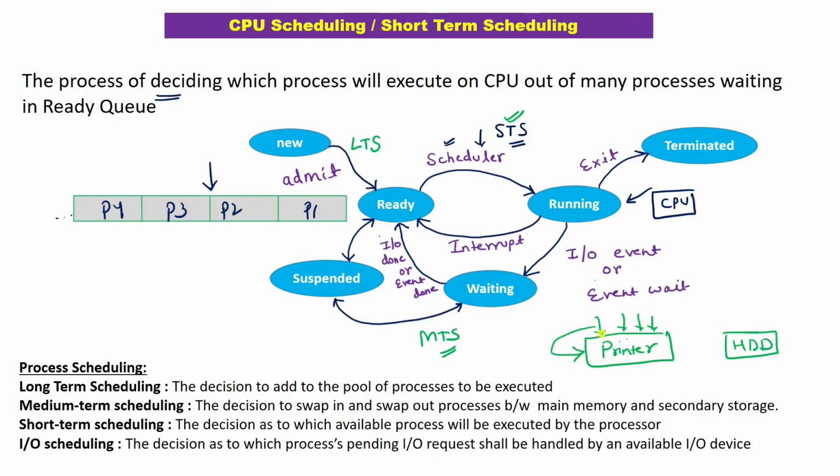That means which process should be given access to the printer first, then which process next, and so on. This selection is called IO scheduling. For this selection also we have different algorithms like SCAN, C-SCAN and others, which will be discussed in the upcoming videos when we study IO scheduling.